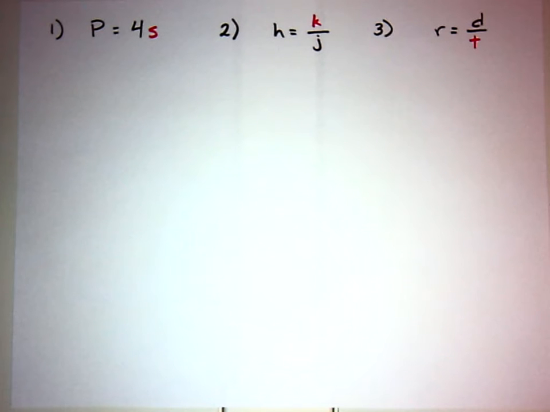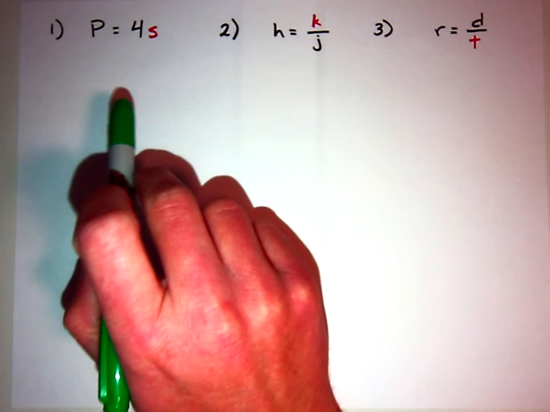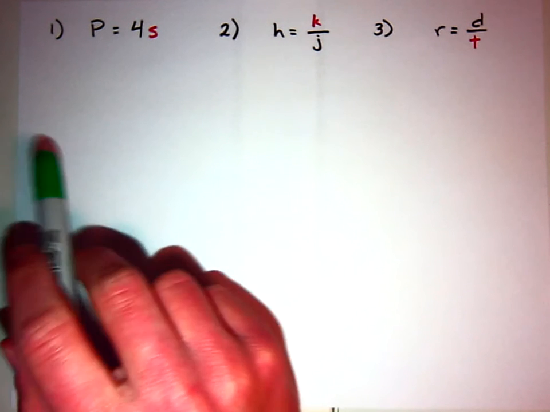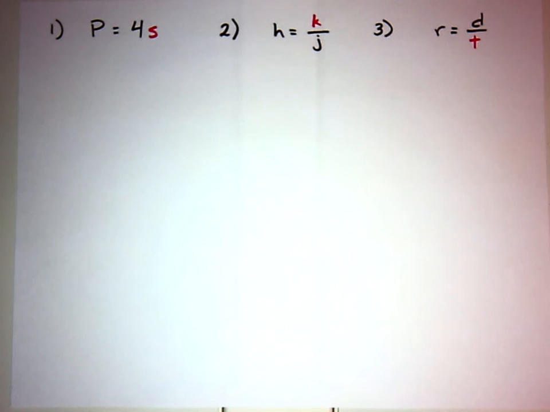So in example 1, we have what looks like the perimeter formula for a square, where it says P equals 4S, right? So the perimeter equals 4 times the side length. But we want to transform it so that it is in terms of S, so it'll say S equals something.